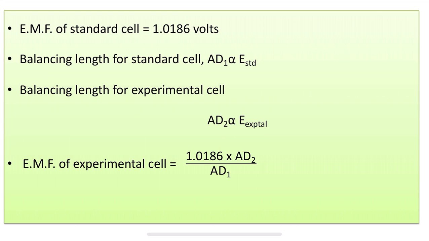Therefore, with the help of these two values, the E.M.F of the experimental cell is 1.0186 into AD2 divided by AD1. So this is how we are going to calculate the E.M.F of a cell.